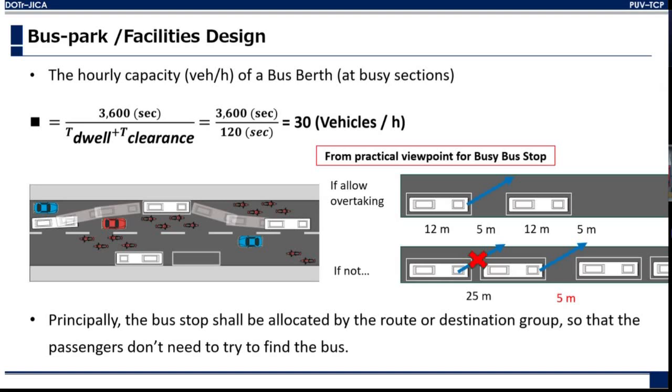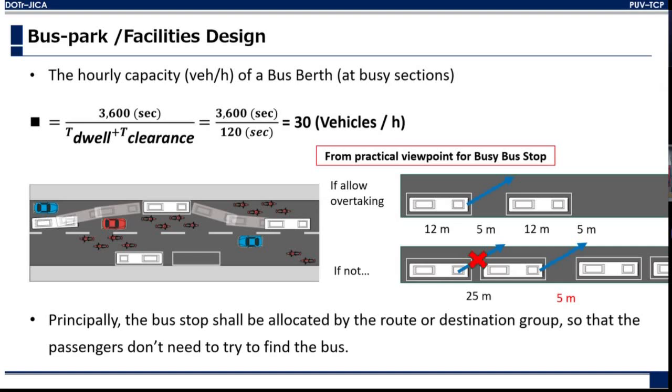If one bus dwells and the clearance time takes 120 seconds, meaning 2 minutes, then in that case only 30 vehicles per hour can be accommodated by one space. Then according to the formula, the bus stop design can be prepared.